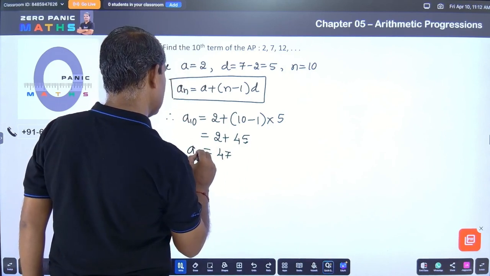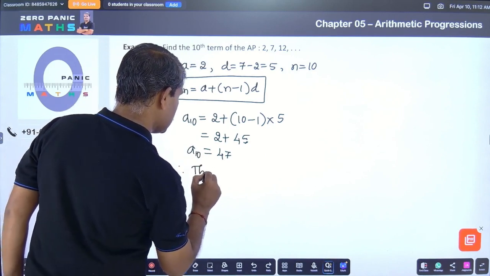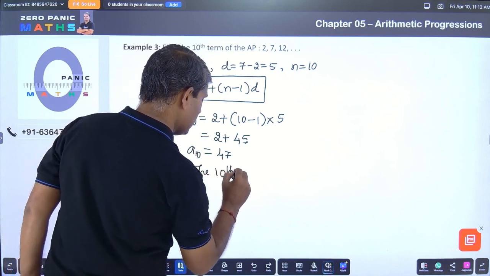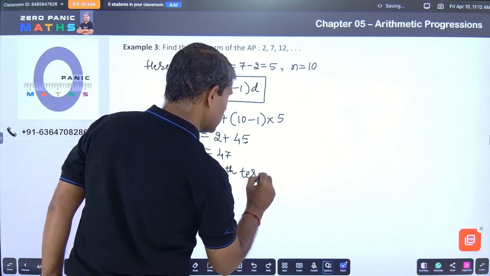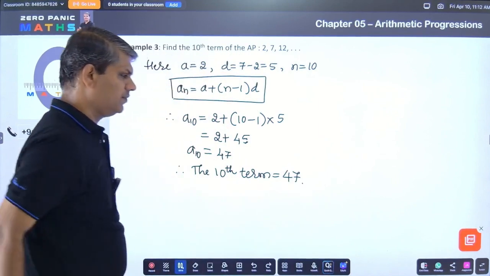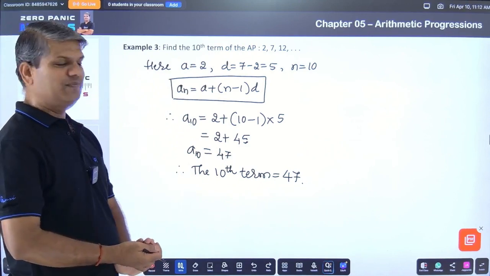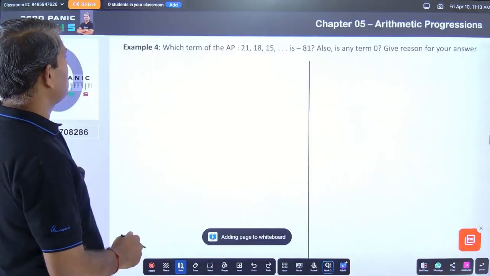That is a10. Therefore the 10th term is equal to 47. Simple solution for the problem.